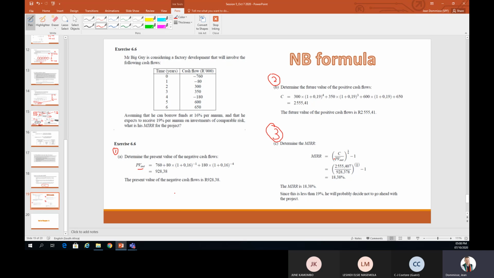I just want to quickly check if I can use the net present value functions for this.